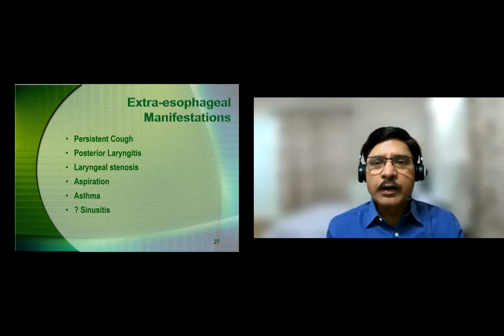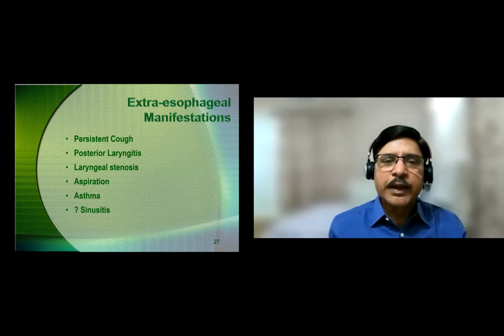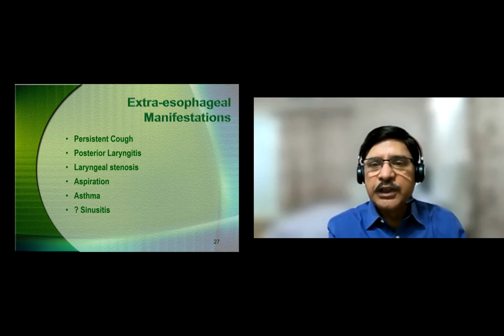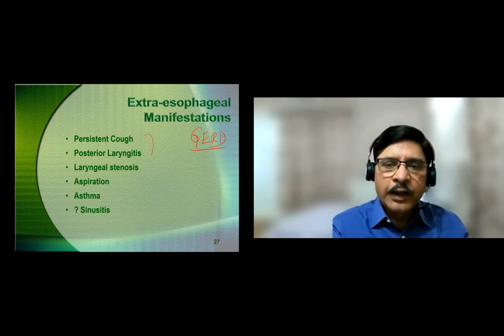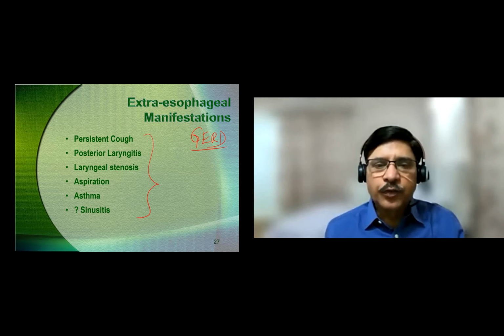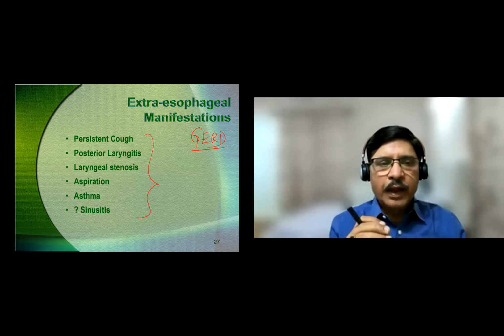So what are the extra esophageal manifestations of GERD? A very commonly asked question as a short note. When you are asked about GERD, you should write extra esophageal manifestations. Somebody comes with persistent cough. I have many patients who had persistent cough, used antibiotics, lots of cough mixtures. I treated the GERD, the cough has gone.